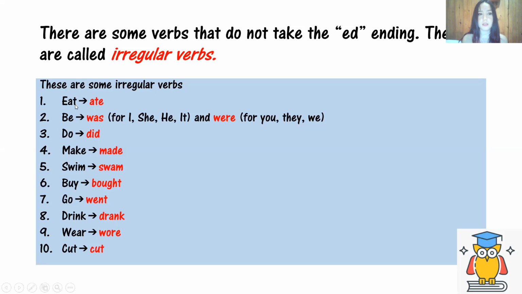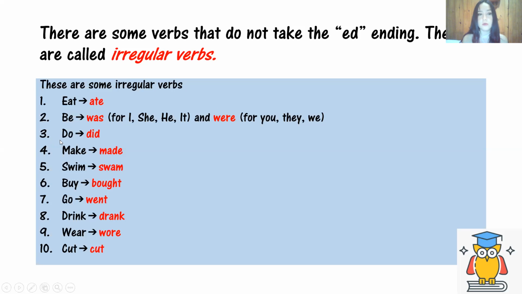We have eat. So eat is the verb in the simple present, let's say. And here is the simple past of the verb. Eat, ate. Then we have be, was. We use was for I, she, he, it. And we use were for you, they, we.